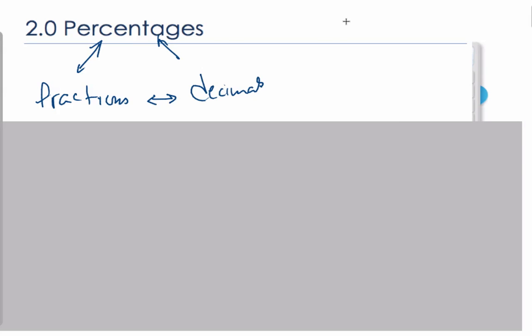So let's say that I got a test lately, 75%. Well, percent always means out of 100. So that's the same thing as saying 75 out of 100, which if you simplify, that's the same as 3/4. But this I could convert to a decimal.